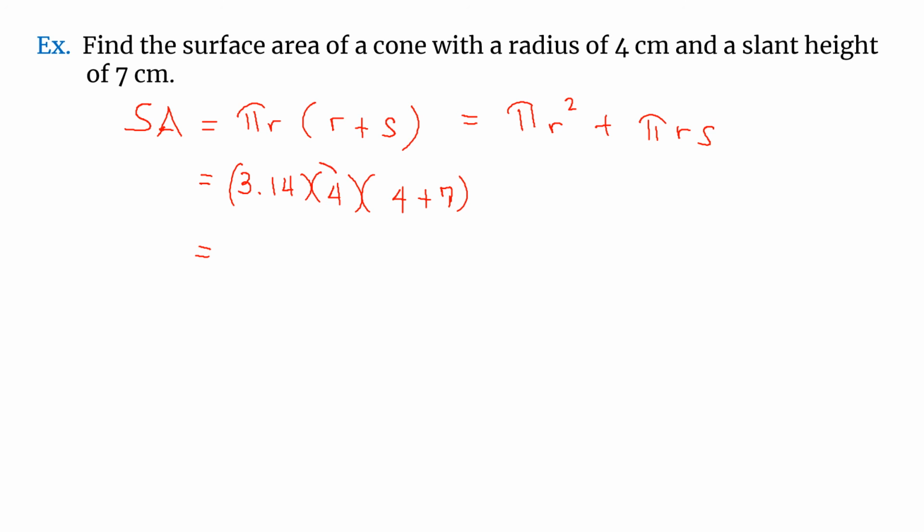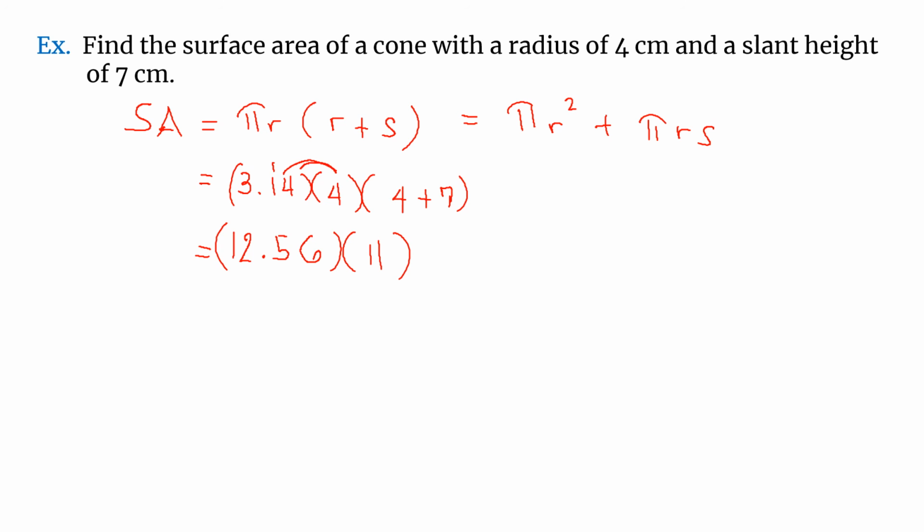Pwede natin i-times dito. 4 times 4, 16, carry 1. 4 times 1 is 4, plus 1, that is 5. And 4 times 3, the answer is 12. So, 2 decimal places tayo, kaya meron na tayong 12.56. Then, so happened na yung 4 plus 7 is 11.